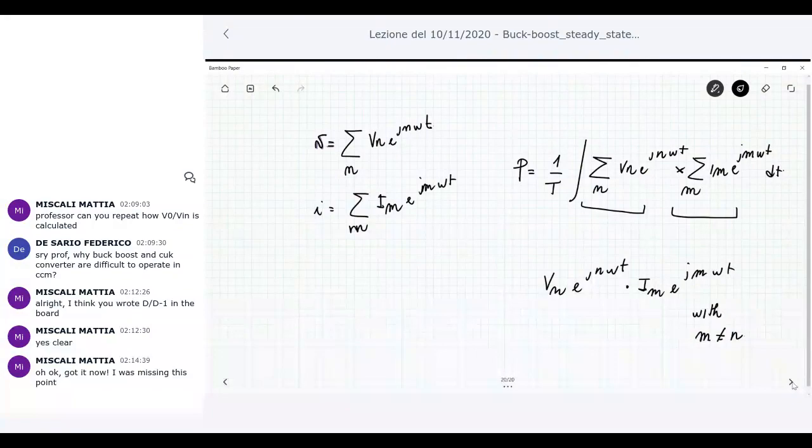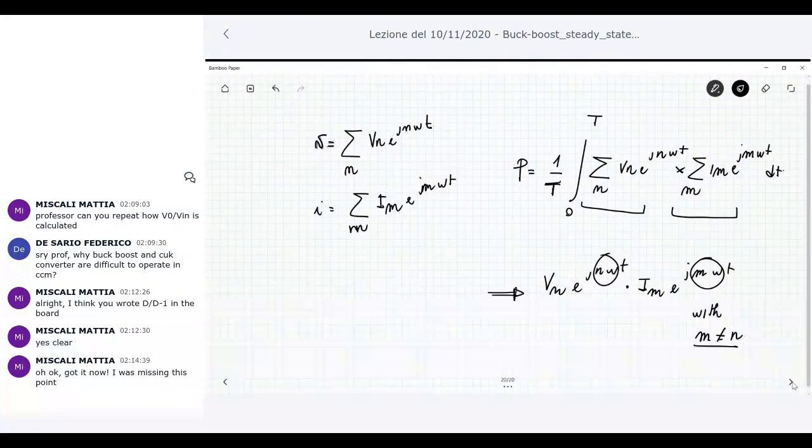When you develop these two summations, most of the factors that you can integrate are of this form, okay, m different from n. It means that the frequency here is different from the frequency of the other, so you have two sine waves that have different frequencies.